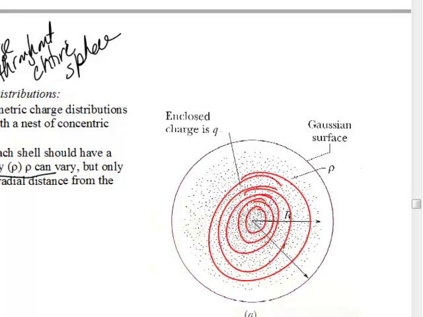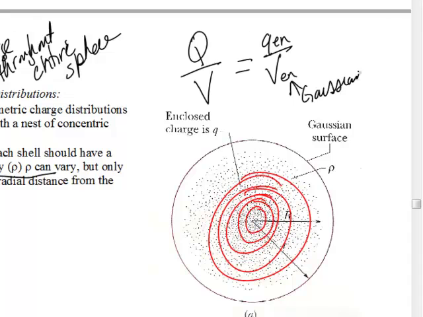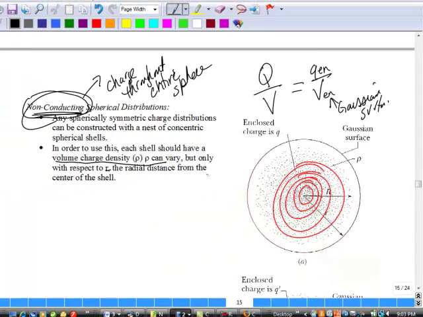And what you will have to do is charge per volume. The total charge per volume will be my Q enclosed divided by my volume enclosed, or the volume of my Gaussian surface. And when we see this, we will use this ratio, Q over 4/3 pi big R cubed equals Q enclosed over 4/3 pi little r cubed, with this little r being the radius of our Gaussian surface.